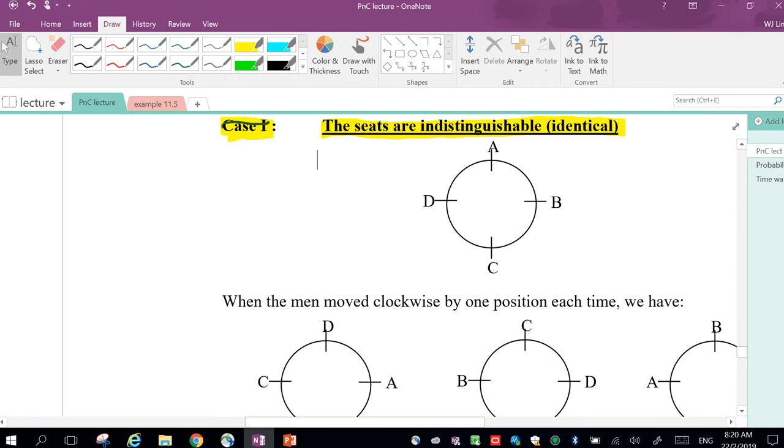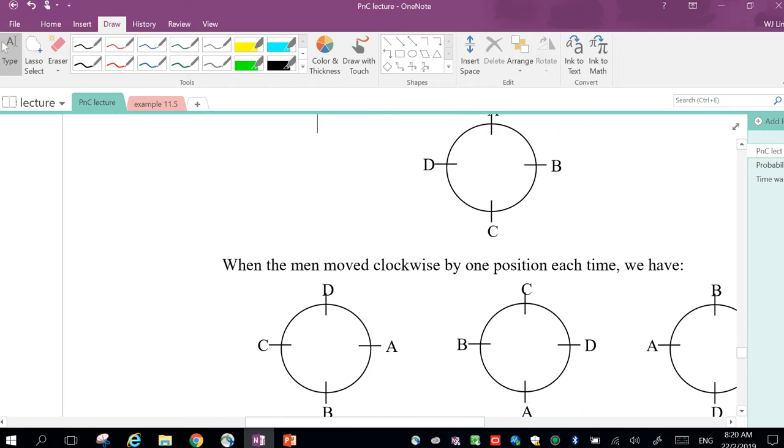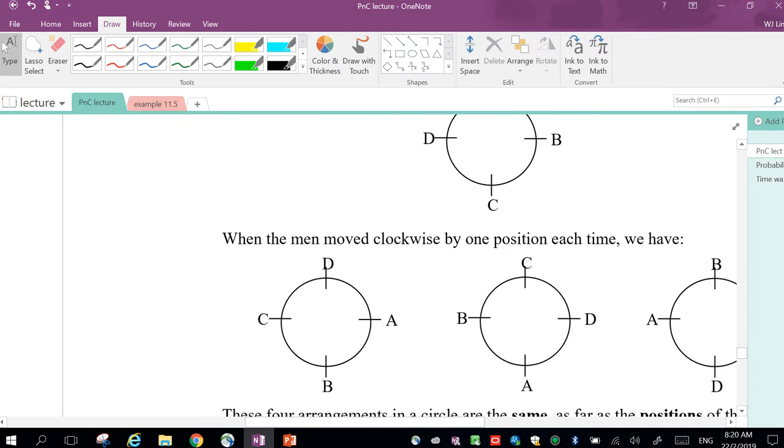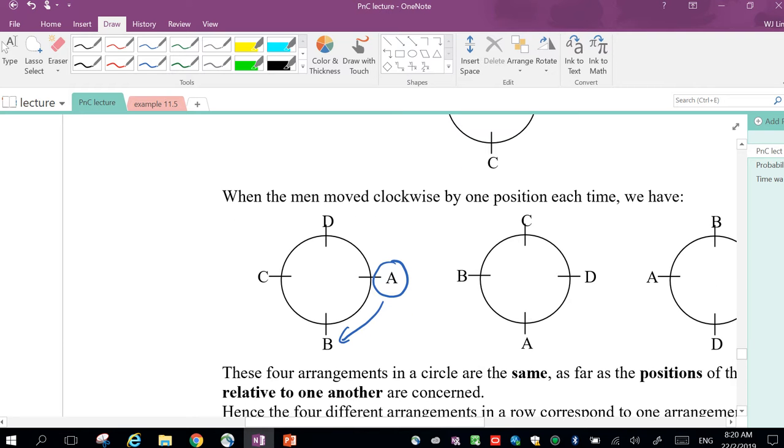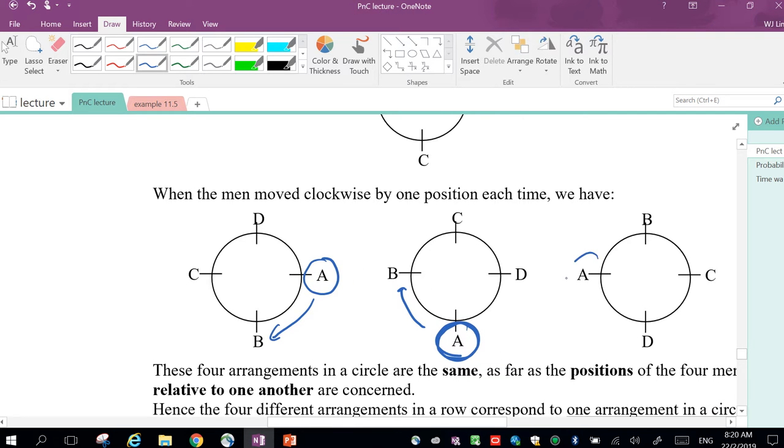Now, if I shift my A, so now my A is here, facing the table, on the left of A is B. Let's say you are A, you face the table, on your left hand side is D. So still A, B, C, D. Second, my A is here, seated on the left hand side, facing the table is still B. Still A, B, C, D. And likewise for this one.